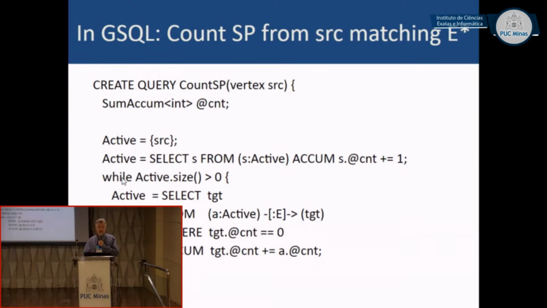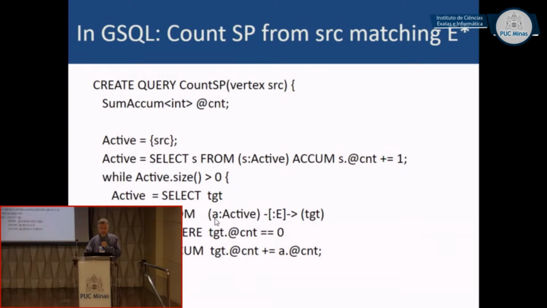It's really important to have a bunch of control flow primitives to implement this kind of algorithm in a high-level query language. You won't get away without control flow. So while the active vertex set is non-empty, I'm going to compute from the current active vertex set the new one. That's the purpose of this block.